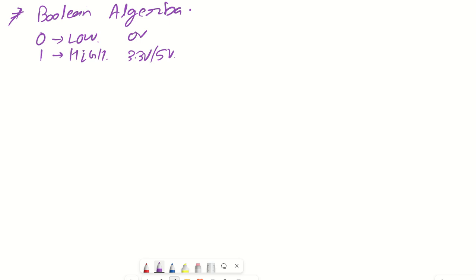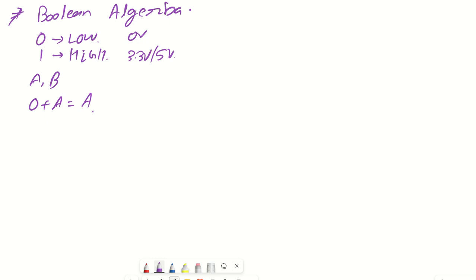Now let us say we have two variables a and b. In that we can say that 0 plus a will be a, because whether you add a as 1 or 0, it doesn't matter. If you are adding that to 0, it will always be a.